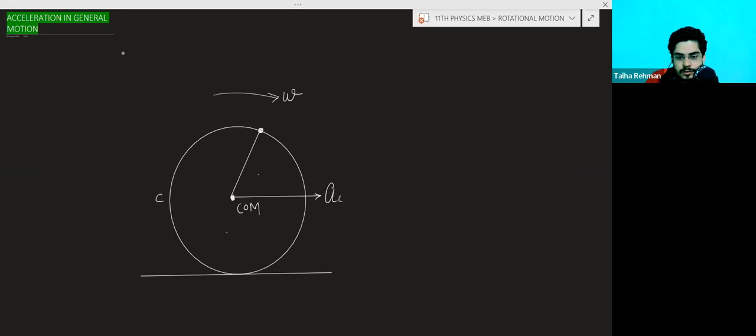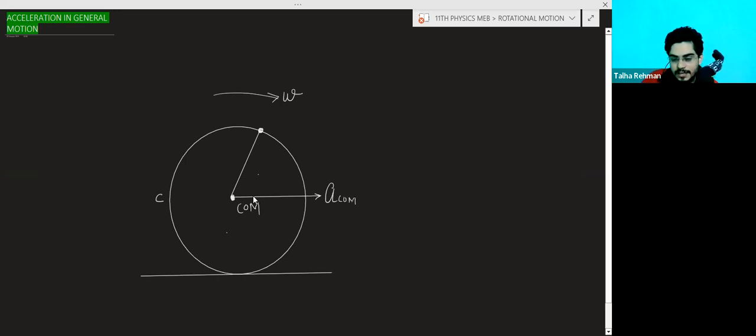So basically this body is rotating and moving linearly at the same time, and acceleration of center of mass is in this direction. We want to find the net acceleration at this point in the general motion.